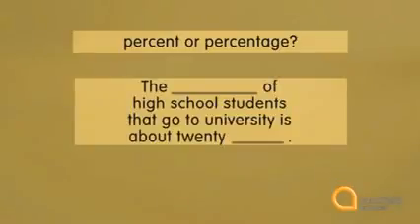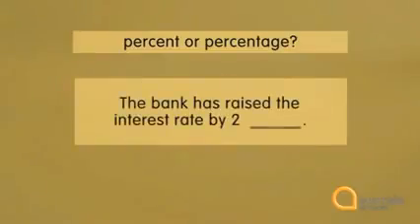Okay, now let's test you using percent or percentage. The percentage of high school students that go to university is about 20%. The bank has raised the interest rate by 2%.